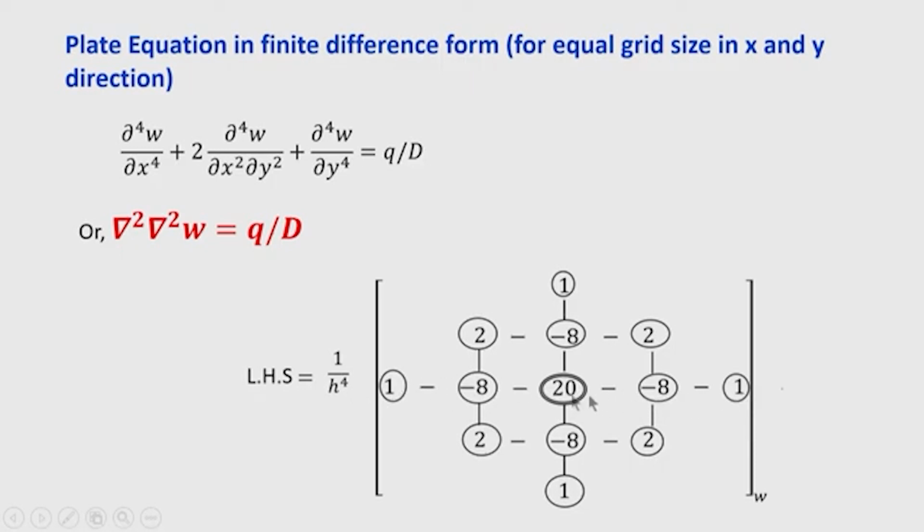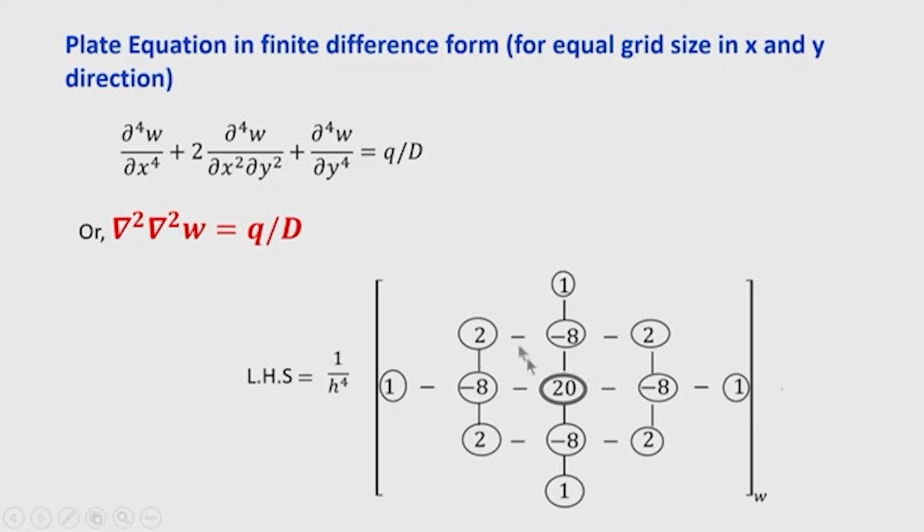For example, here it is centering at node 0. So, W 0, then W 1 and W 2, here W minus 1, W minus 2. In the y direction, whatever value you take can be represented. Now, these are the coefficients of the nodal displacement.